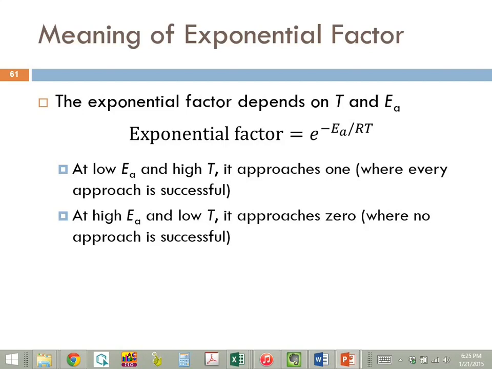So it makes sense that at higher temperatures, with the molecules having more energy, the fraction of them that can overcome that energy barrier would be greater. Here at low temperature, fewer of them will be successful. And if the activation energy is also high, then you've got two factors working against these molecules trying to get over this hump.